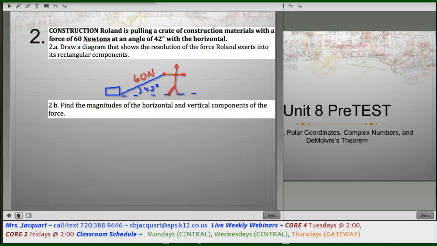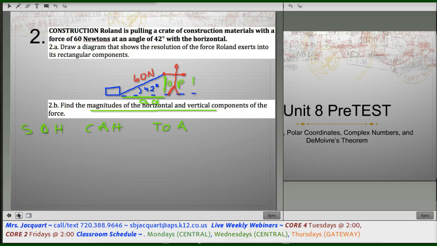Now the next thing that we want to do is find the magnitudes of the horizontal and vertical components. In other words, we want to find the vertical component and the horizontal component. So we're going to go back to our SOHCAHTOA. This is going to be my adjacent, and this is my opposite.